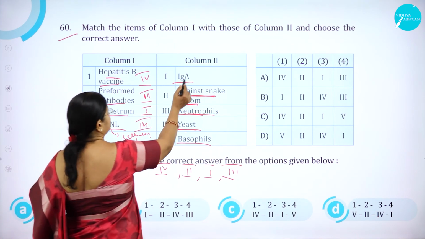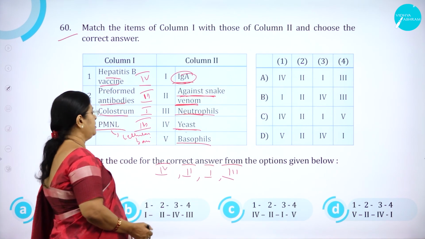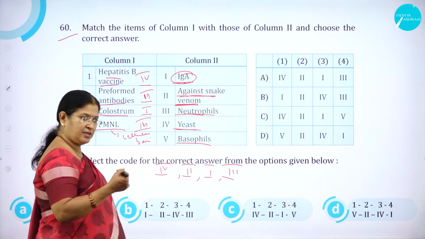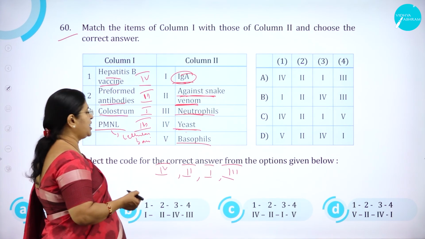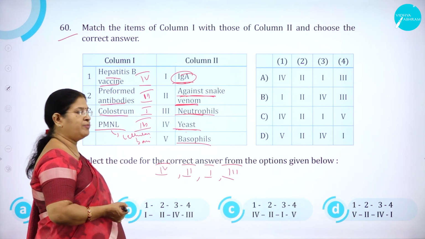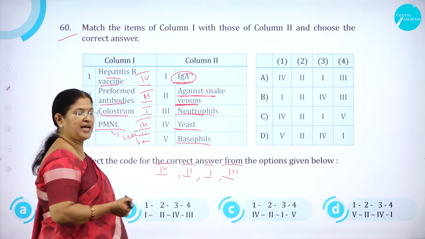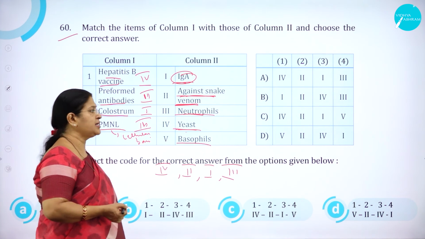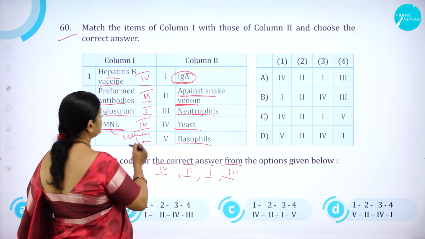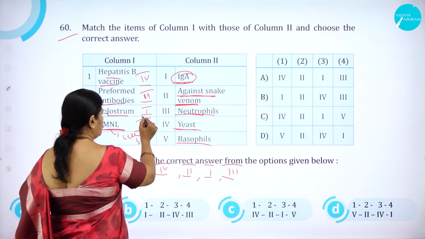Then colostrum has the antibody called IgA, right? The mother's milk, when the lactating mother first feeds the infant, the first milk is called colostrum, which will have immunoglobulin A. Ig stands for what? Immunoglobulin, that is antibody A. PMNL is cellular barriers. So 4, 2, 1, 3.